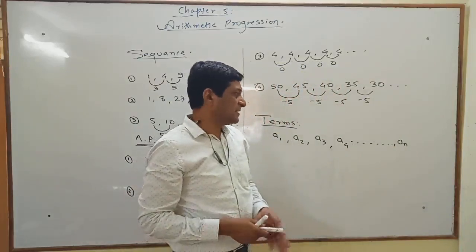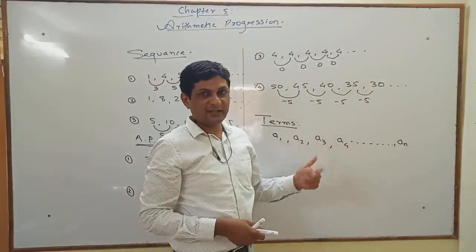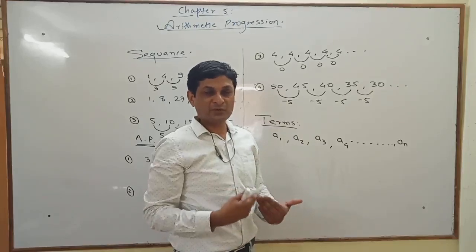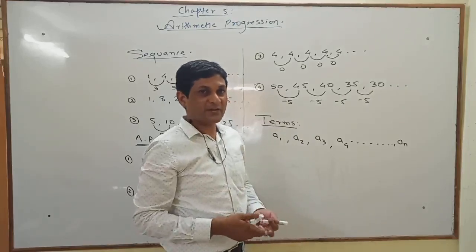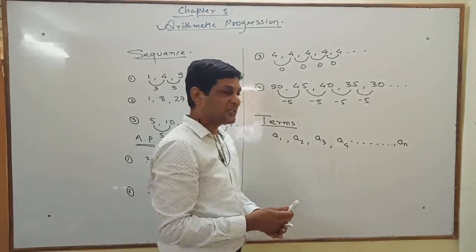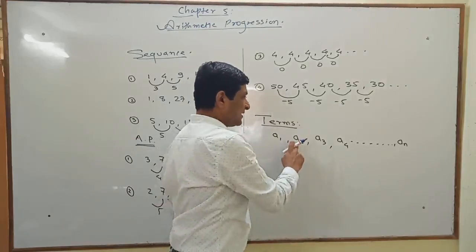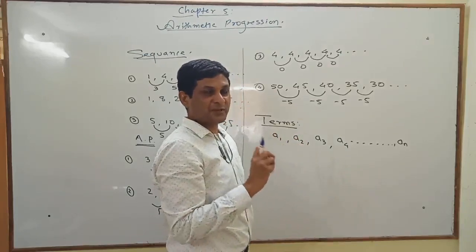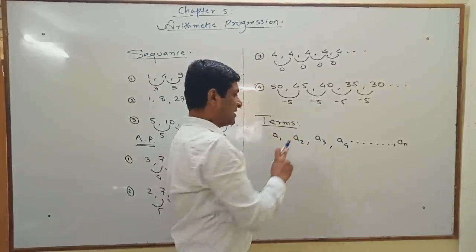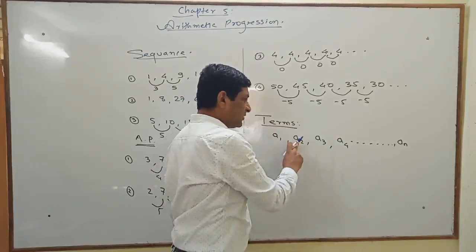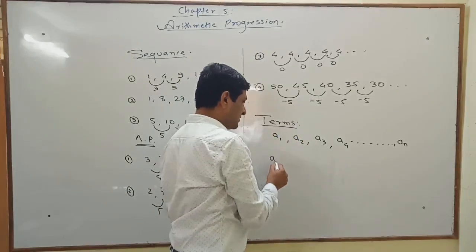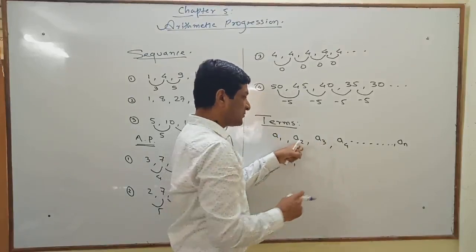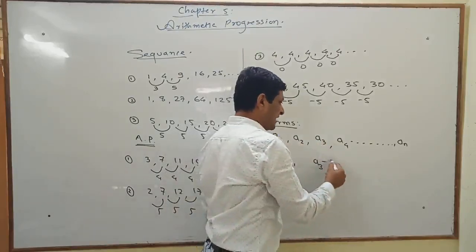Now, to check whether the given sequence is in arithmetic progression or not, according to the definition, we have to show that the difference is constant, and we are finding the difference of what? Any term to its previous term. So let us suppose one sequence is given to us, and the question is to check whether it is arithmetic or not. So find the difference of A2 with its previous term A1, that means A2 minus A1. Then find the difference of A3 with its previous term A2, A3 minus A2.